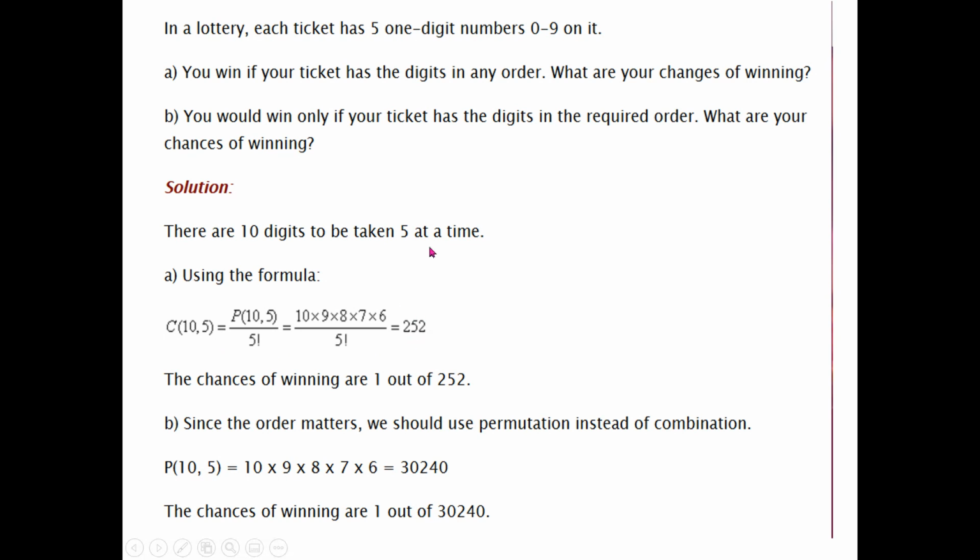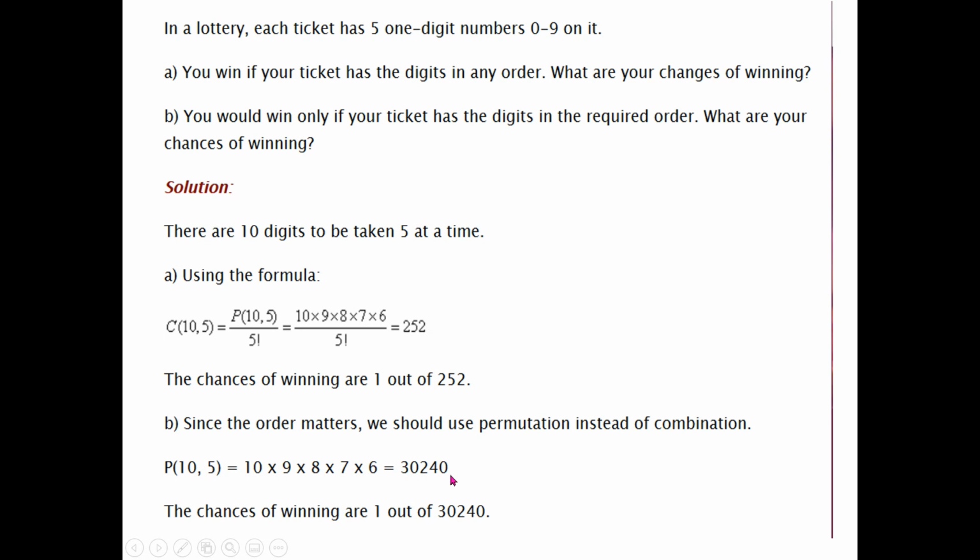But in part B, if the digits need to be in the required order, so the order matters, and I'm going to use the formula for permutation. So permutation of 5 out of 10. You can once again use the scientific calculator to get the answer, and you'll have 30,240 different ways.